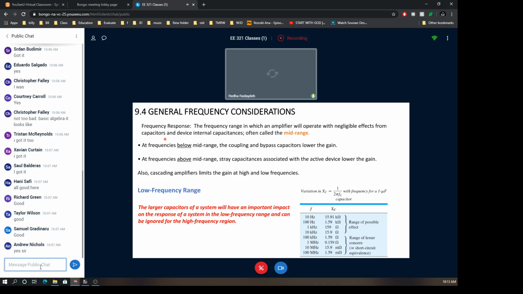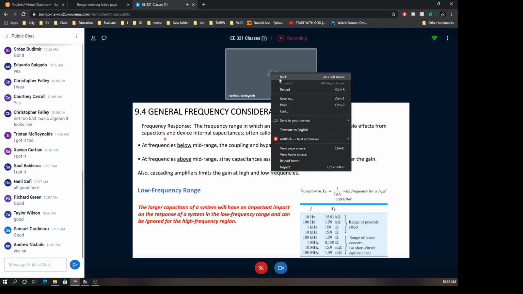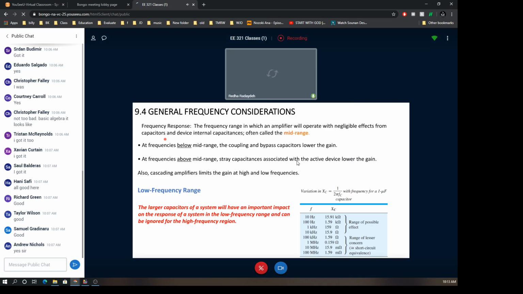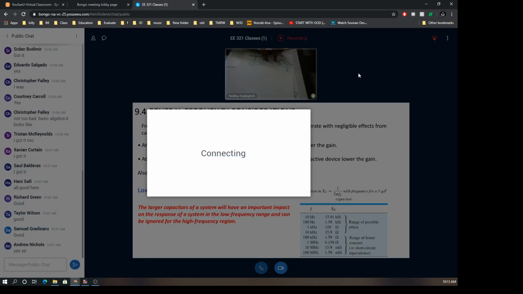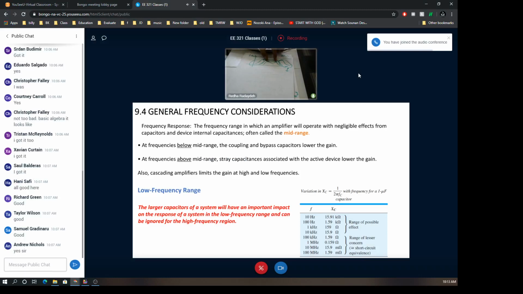So the second stage could have a response like this. The third stage could have a response like this. If you cascade all of them, which makes sense.